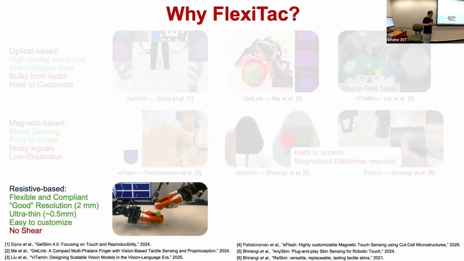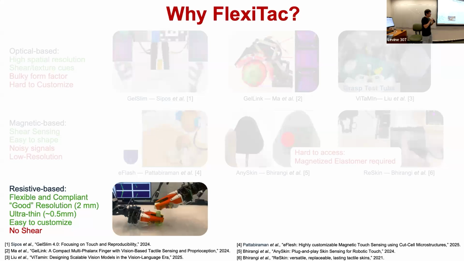For example, for the human finger's resolution, there is a test in cognitive science. They use two points to press the human's skin and let the human distinguish whether it's two points or one point. So there is a minimal distance. If these two points are too close to each other, the human cannot distinguish.